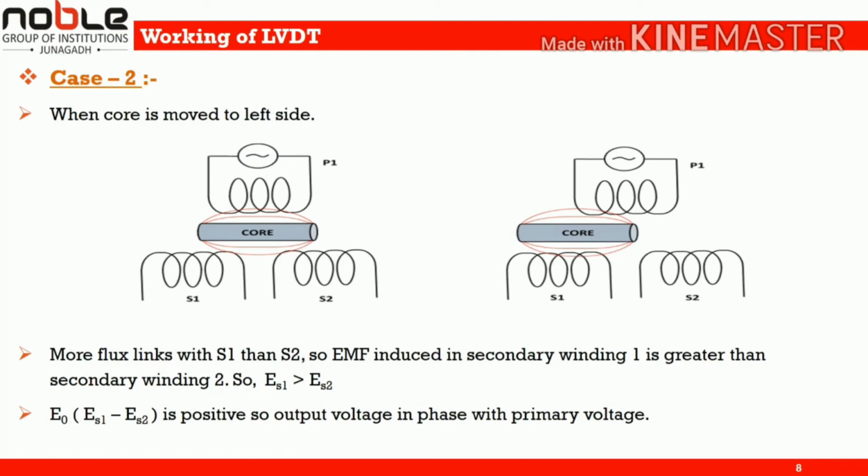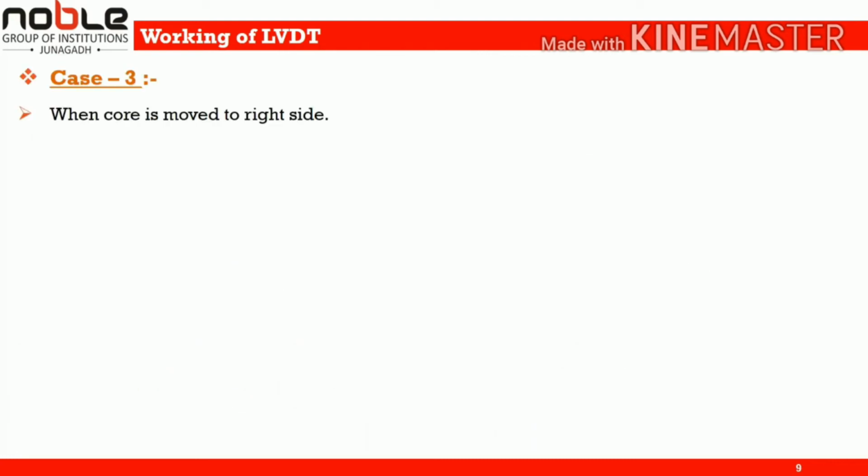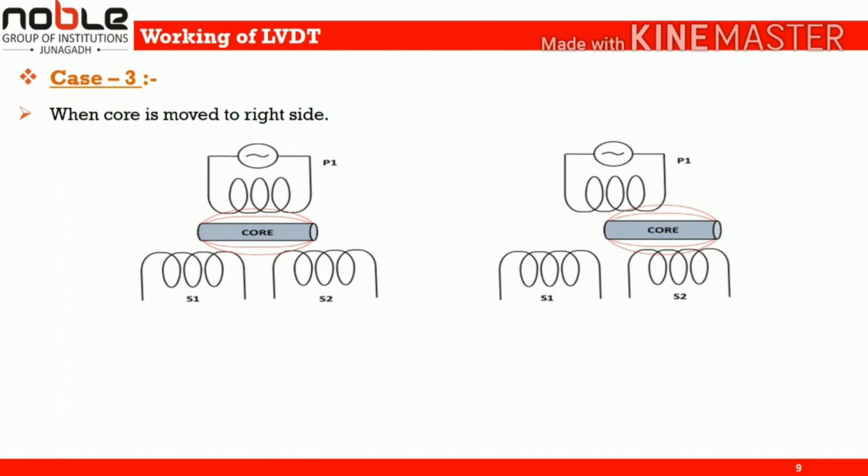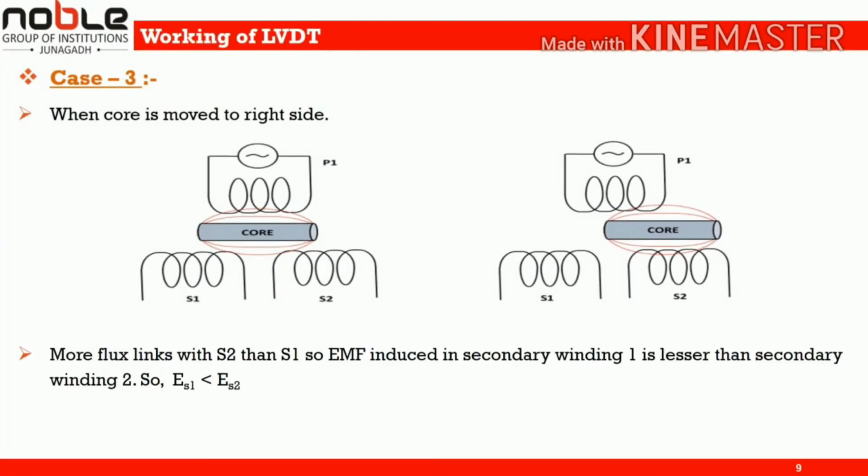Now let us see case number three: when the core is moved to the right side. In the beginning the core is in null position. Now the core is moved to the right side, so the flux linked with secondary winding S2 will be higher compared to S1. So the EMF induced in secondary winding 2, that is ES2, is greater than in secondary winding 1, that is ES1.